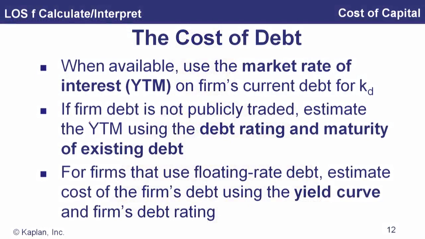Now, what if the firm's debt isn't publicly traded, so we can't go out and get a price and calculate the current yield to maturity based on the pricing of the debt? Well, one way to do this is to estimate the yield to maturity using, it's kind of a fancy name, right? Debt rating and maturity of existing debt.